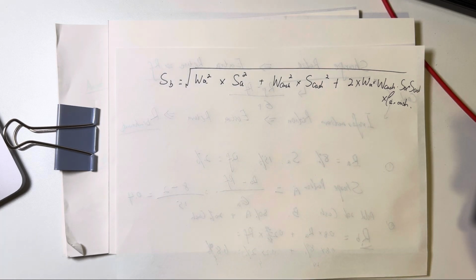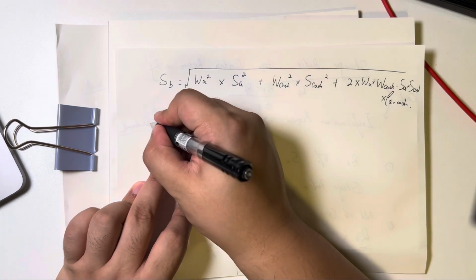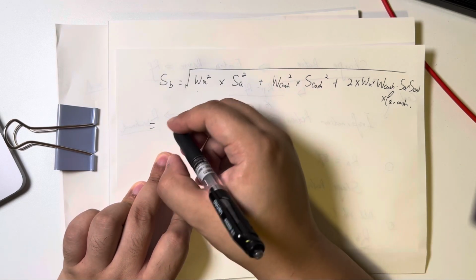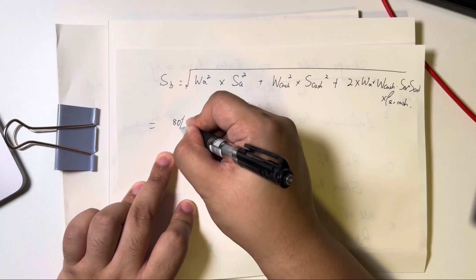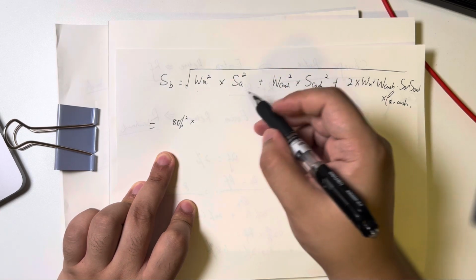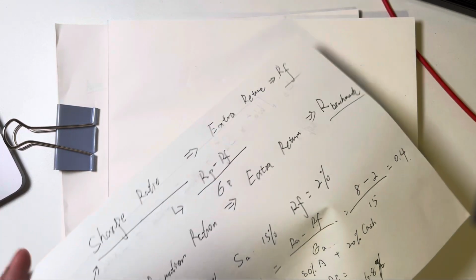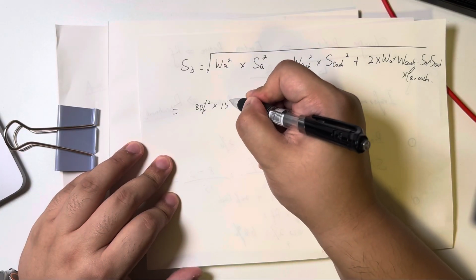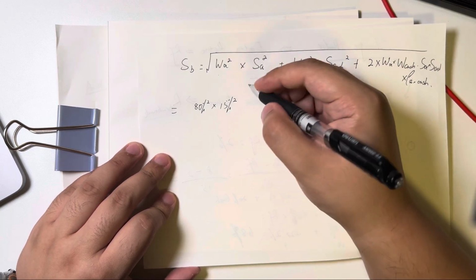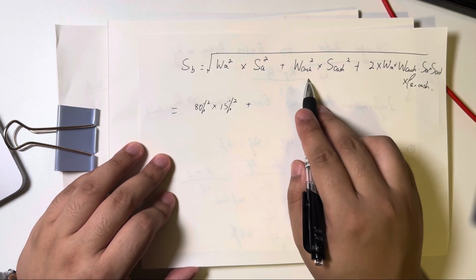Okay, so once you got that, we're going to bring in, so the weight is 80% squared, multiply that by the first standard deviation, I think is like 15%, okay, 15% squared and plus cash.